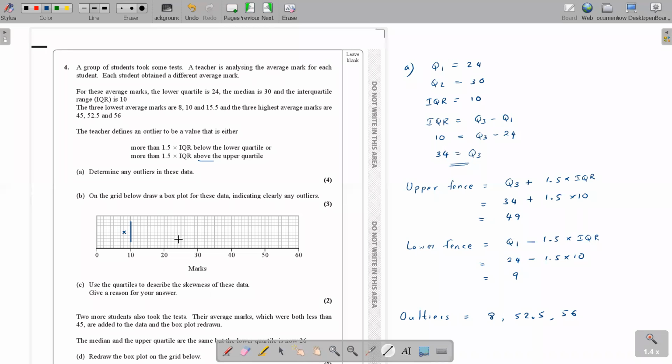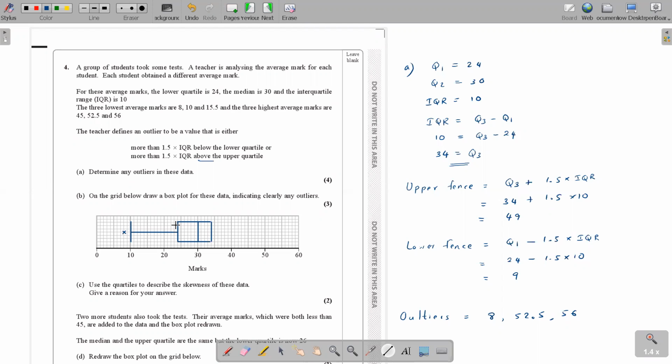Next you mark Q1 as 24. Q2 is 30. Q3 is 34. And then mark the box: Q1, Q2, Q3 makes the box, right? This is the whisker.